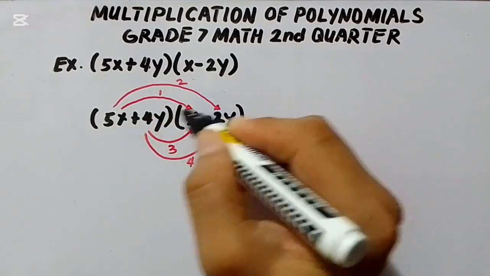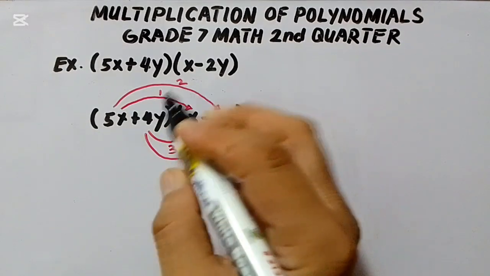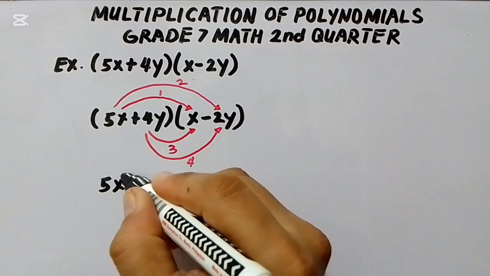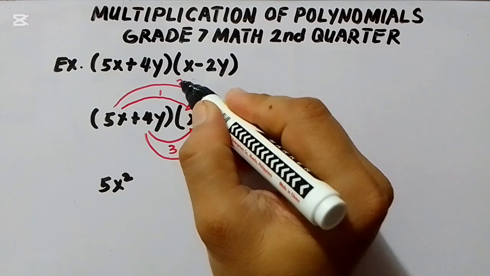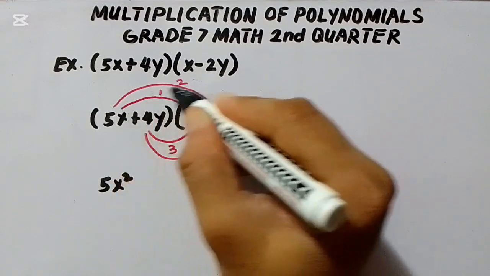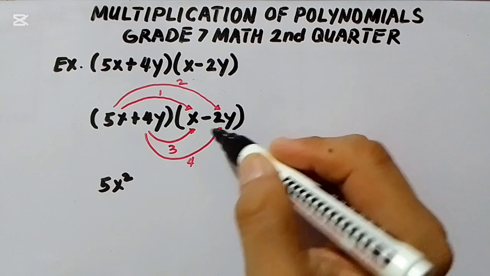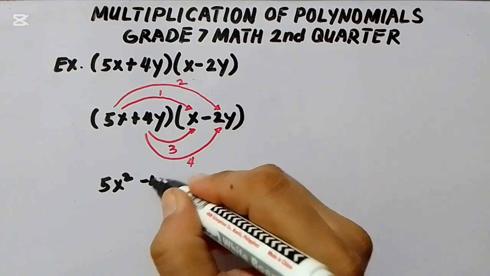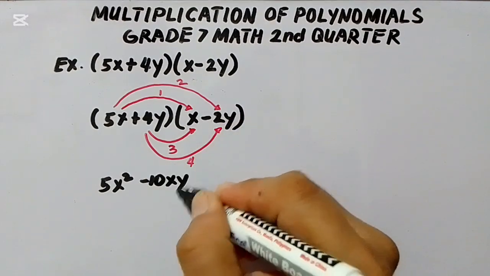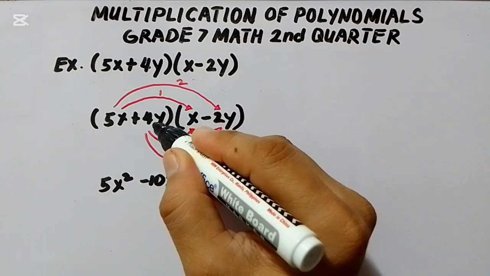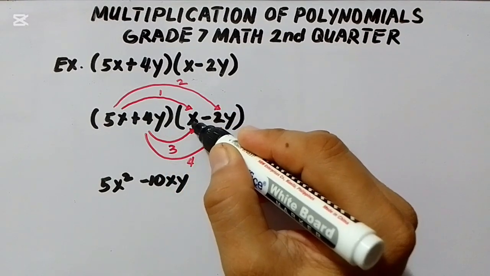Okay, so let's multiply. 5x times x. That is 5x squared. Then, yung ating number 2. 5x times negative 2y. That is negative 10xy. Okay. So, number 3. We have 4y times x.